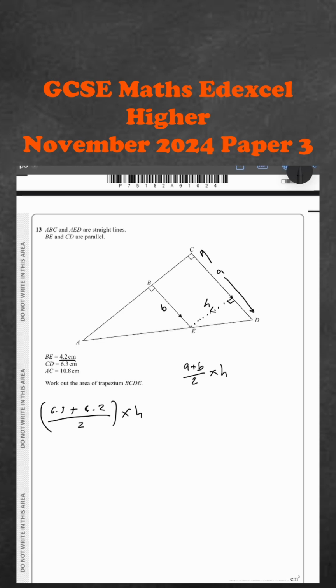So since these are right-angled triangles, we can say that 4.2 divided by 6.3, which is your side BE divided by your side CD, the scale factor of those two sides is going to be the equivalent of the scale factor of these two sides. So 4.2 divided by 6.3 is the same as 2/3.